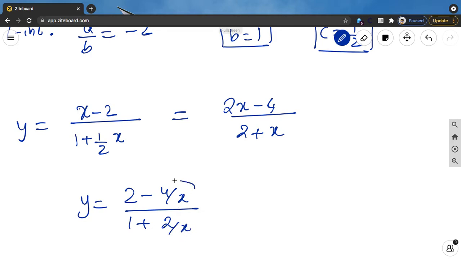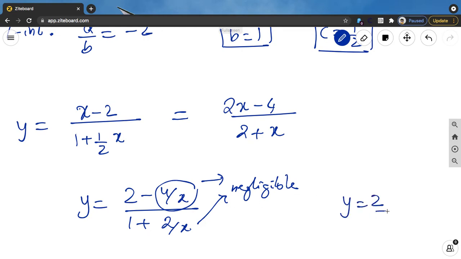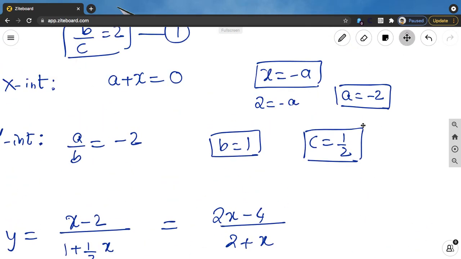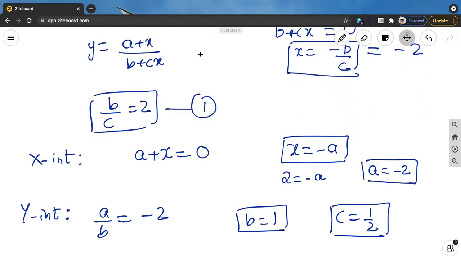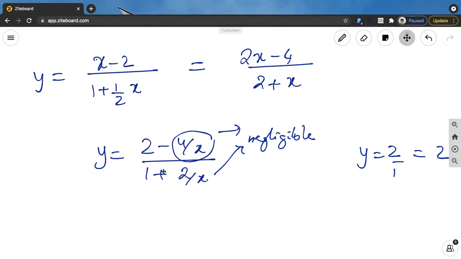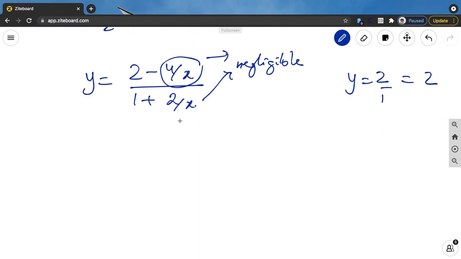When x becomes very large, this 4 by x and this 2 by x will become negligibly small. And therefore, what will be left is y equal to 2 upon 1, which is 2. That's your horizontal asymptote. Is that what the horizontal asymptote is in the figure? Yes. So what we got for a, b, c is matching with what we have already seen in the graph.